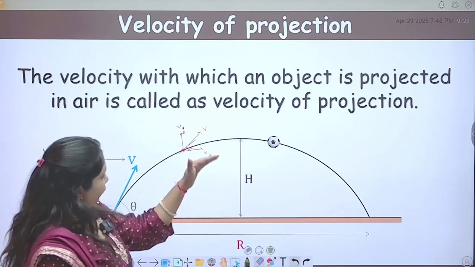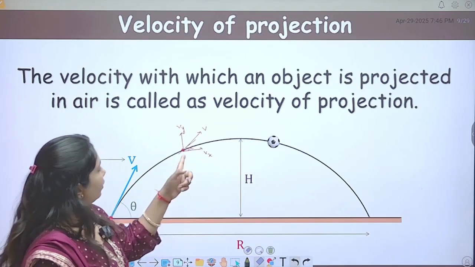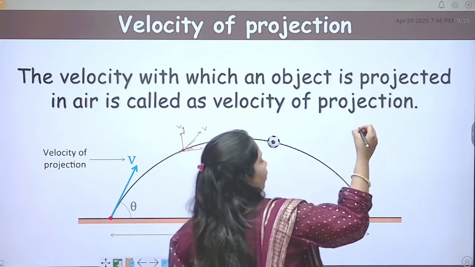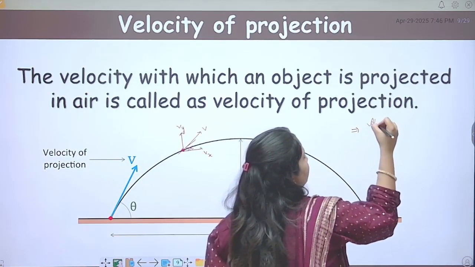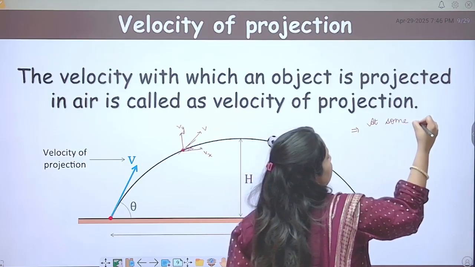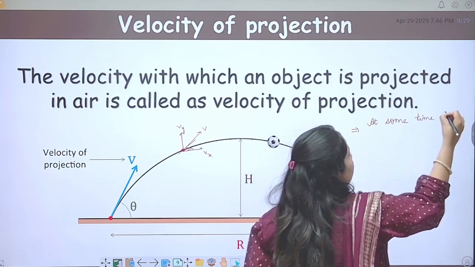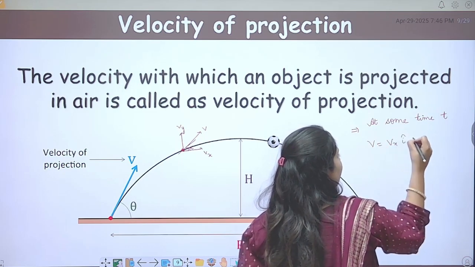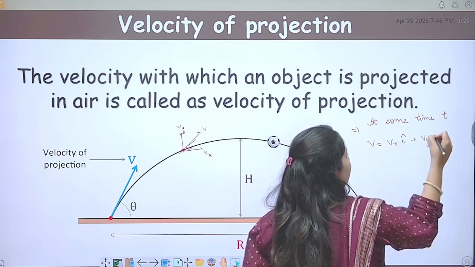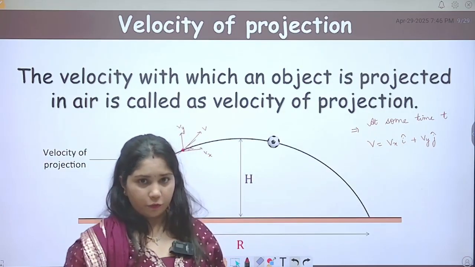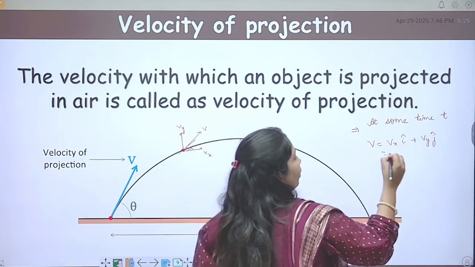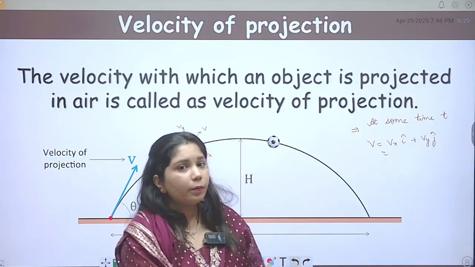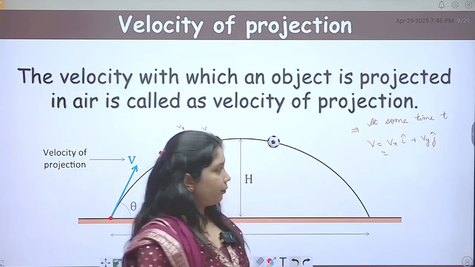If it resolves along the angle alpha, then we get Vx and Vy. So at some time t, the velocity will be Vx i cap plus Vy j cap. Clear, all of you? Now, as velocity is not changing in the x direction, it will be equal to ux only.